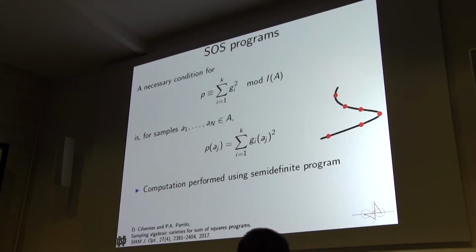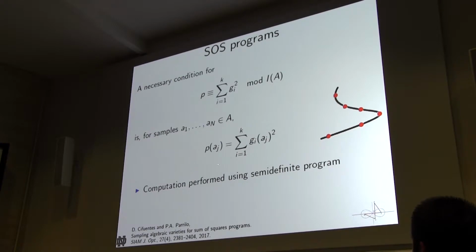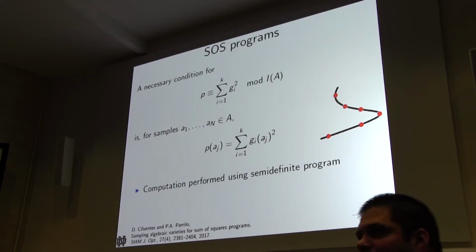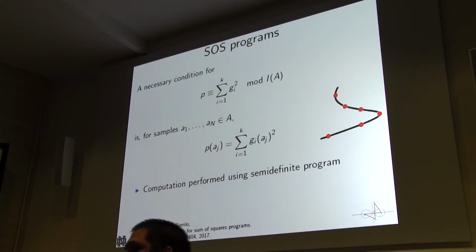So instead of trying to have these equal everywhere modulo the ideal, they pick sample points. Now those sample points essentially, not exactly, but essentially encode the ideal, and then you just need equality between your polynomial and the sums of squares on those finitely many points.